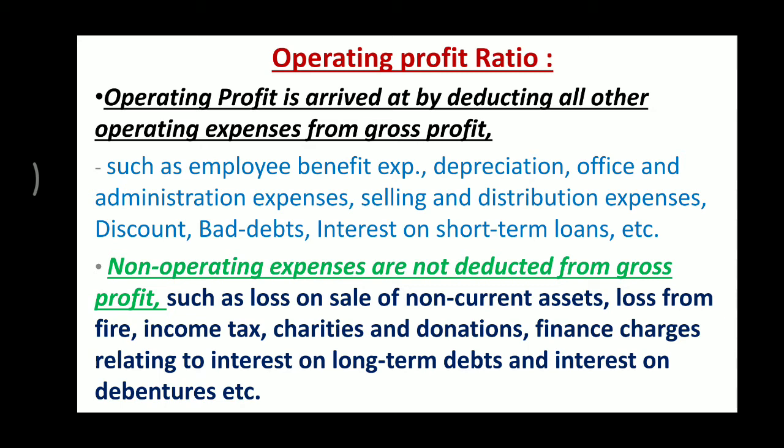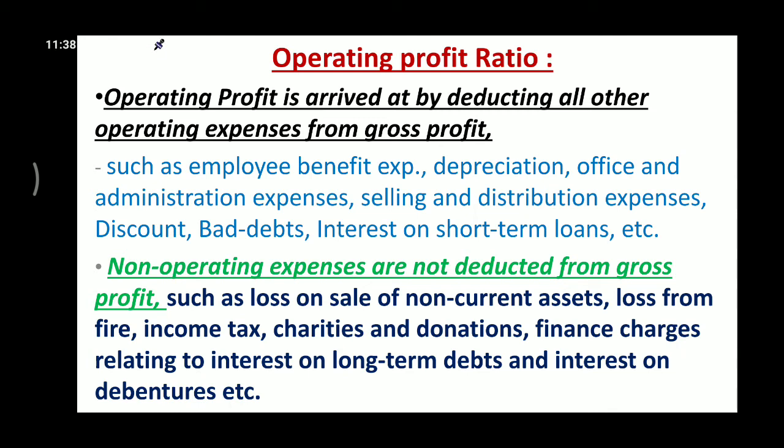Examples are loss on the sale of non-current assets or fixed assets, loss from fire, income tax, charities and donations, finance charges related to interest on long-term debts and interest on debentures.